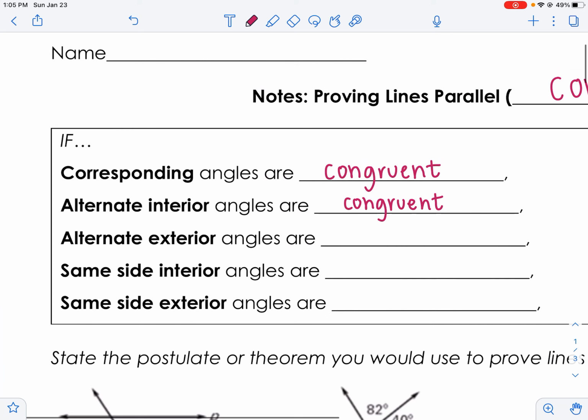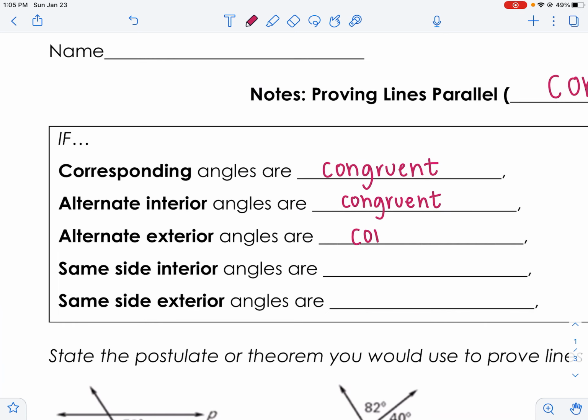And if they are, then your lines are parallel. What should alternate exterior angles be? Hopefully you said congruent, because if they're congruent, then your lines are parallel. And with same side interior and same side exterior, remember that SS meant that these should be supplementary. And if they are, then your lines are parallel.